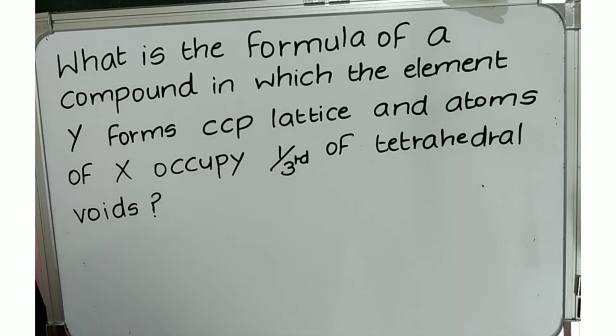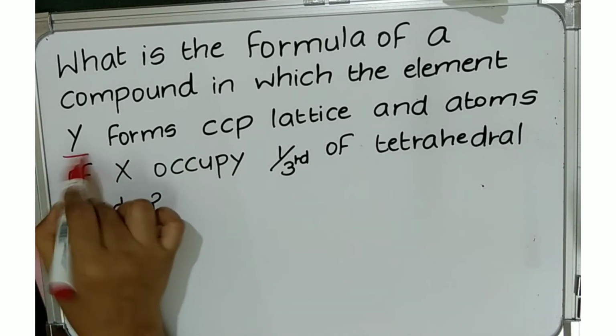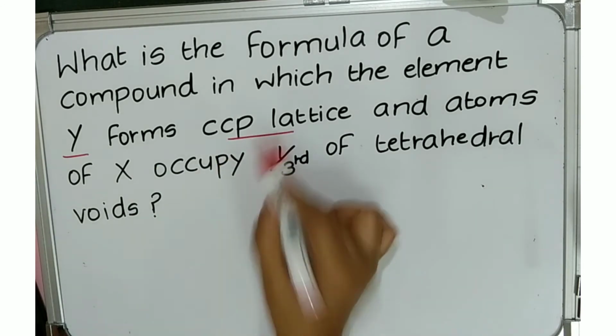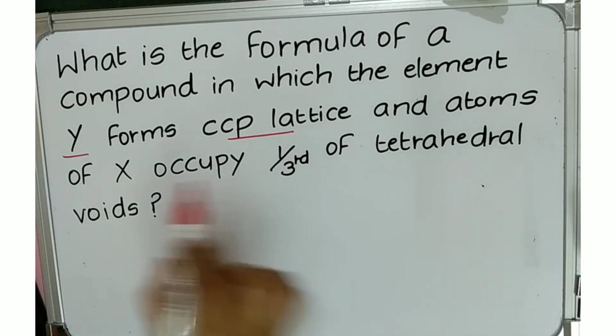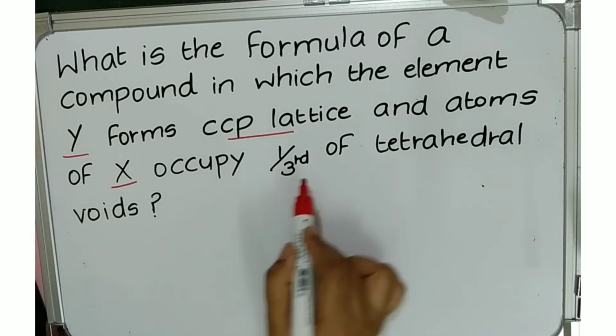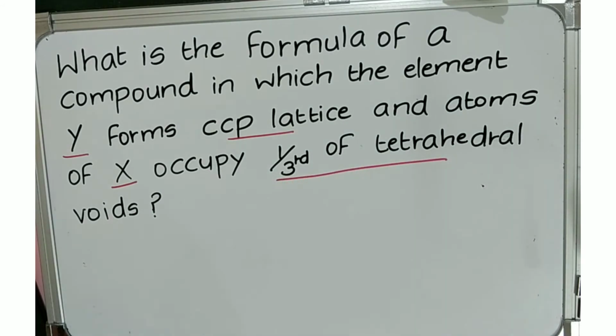So let's check one more example of finding the formula of a compound. So the question is, what is the formula of a compound in which the element Y forms CCP lattice and atoms of X occupy 1/3 of tetrahedral voids? Correct.